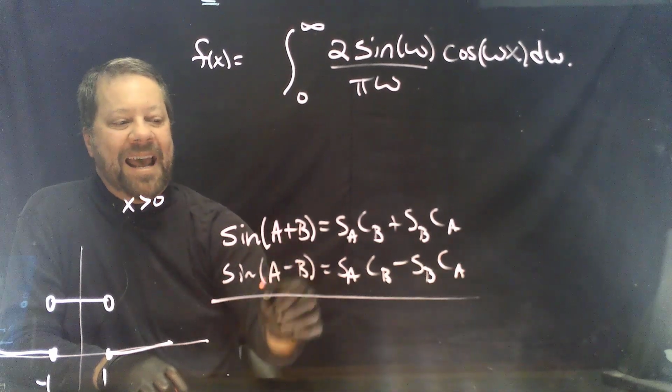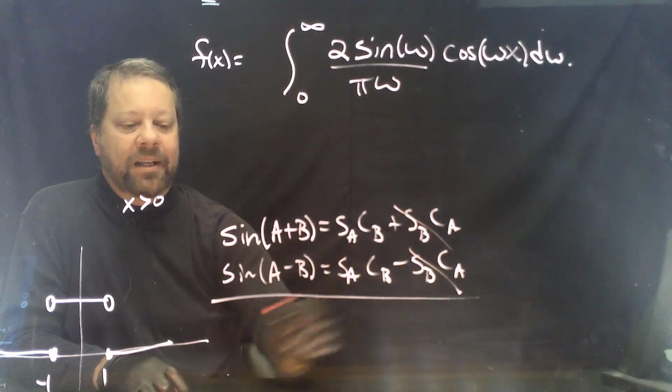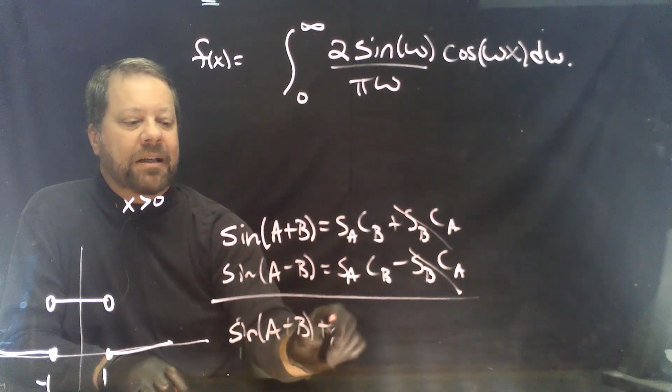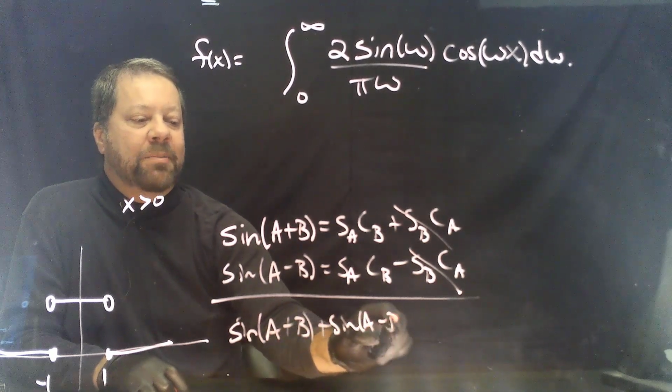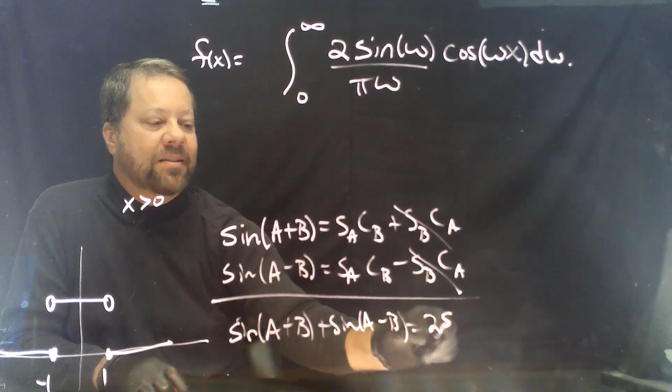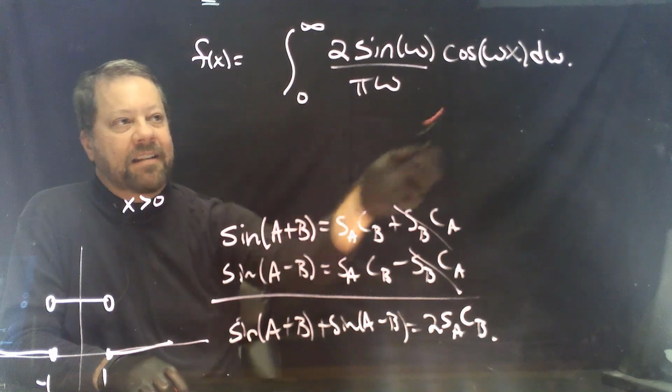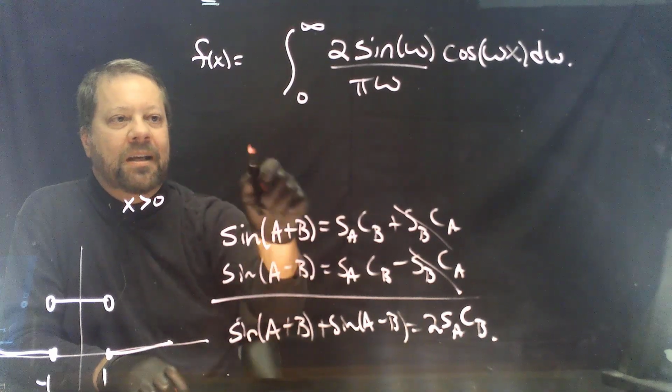And if we add these two, these are going to cancel. We'll have the sine of a plus b plus the sine of a minus b equals twice sine of a cosine of b. And it's exactly this that we're going to use at the present time.